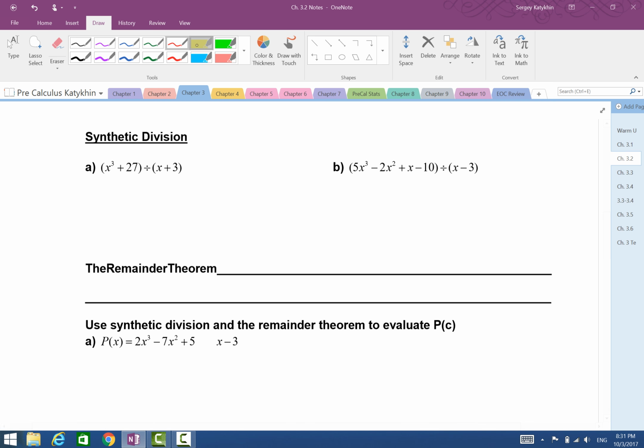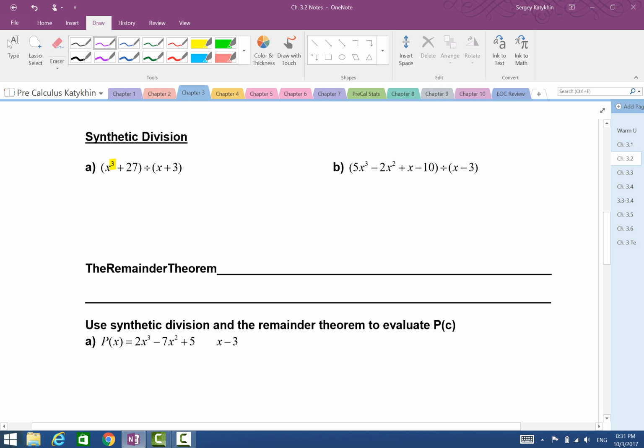As you can see, our highest exponent is to the third power. We don't have x to the second, we don't have x to the first power, and we do have our constant. So if I'm going to use synthetic division, I have to make sure I look at the coefficients, which are the numbers in front of the variables.